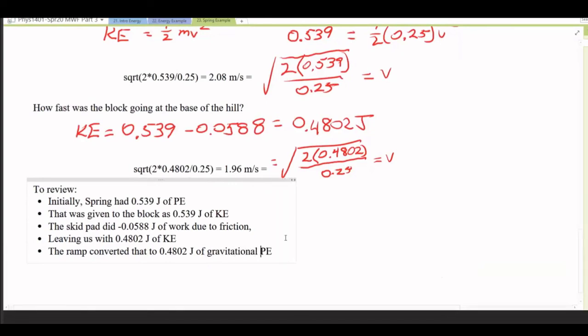And that was converted into 0.4802 joules of gravitational potential energy by the ramp. So that is my big, long, comprehensive energy example where we thought about all of these different energy quantities along the way.